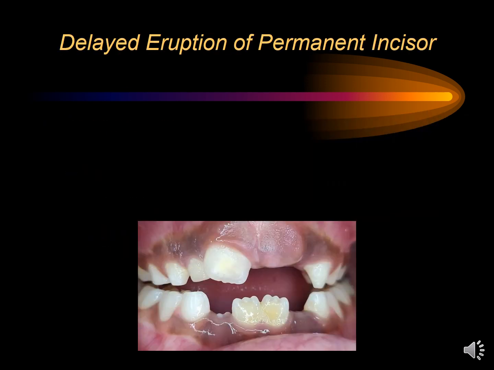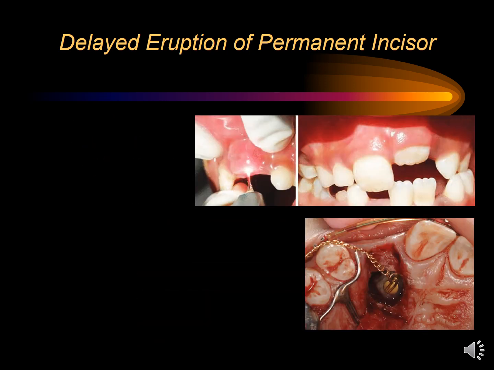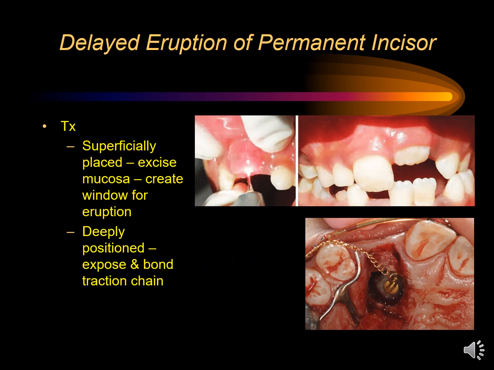Okay, now delayed eruption of a permanent incisor. Usually this is caused by the late shedding of a deciduous incisor or an early loss of deciduous teeth resulting in a thick fibrous covering. There may also be presence of supernumerary teeth or odontomes which interfere with the eruption of the permanent teeth.